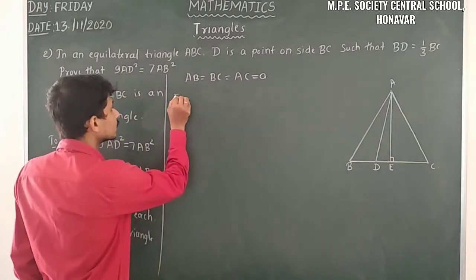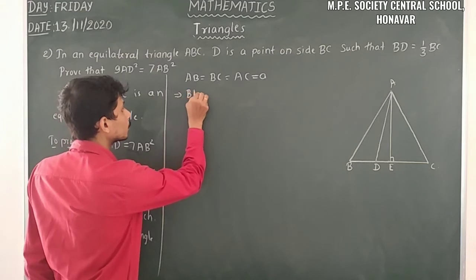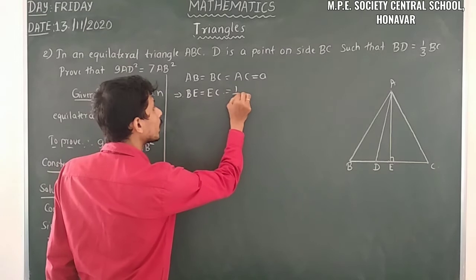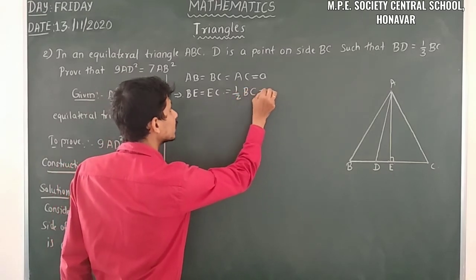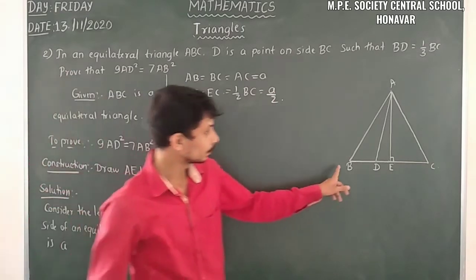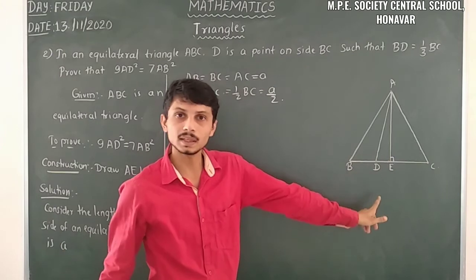This implies BE is equal to EC is equal to 1 by 2 BC, that's why we can take it as A by 2. So here we get BE and EC.